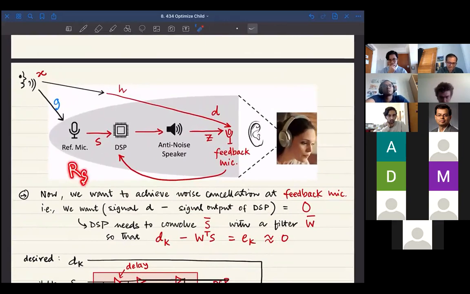RS is the covariance matrix of this signal. RSD is the covariance matrix between this signal and this signal.